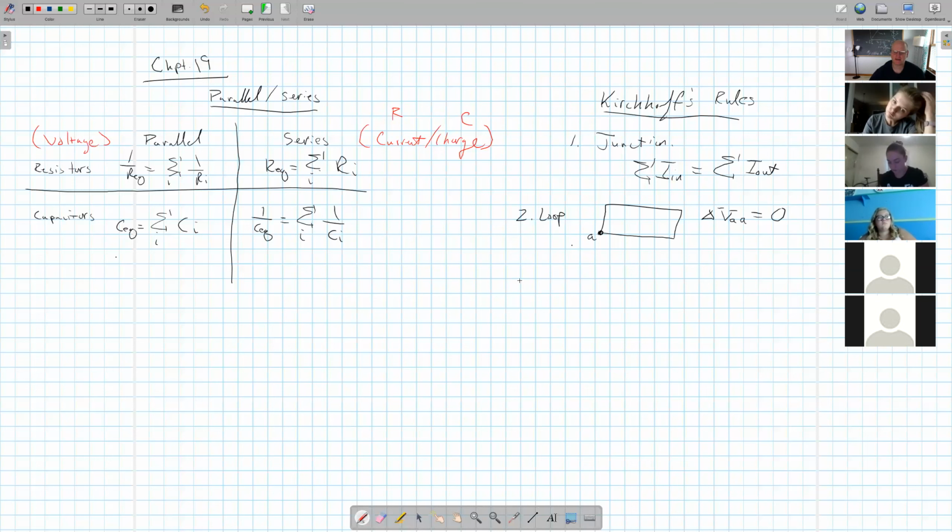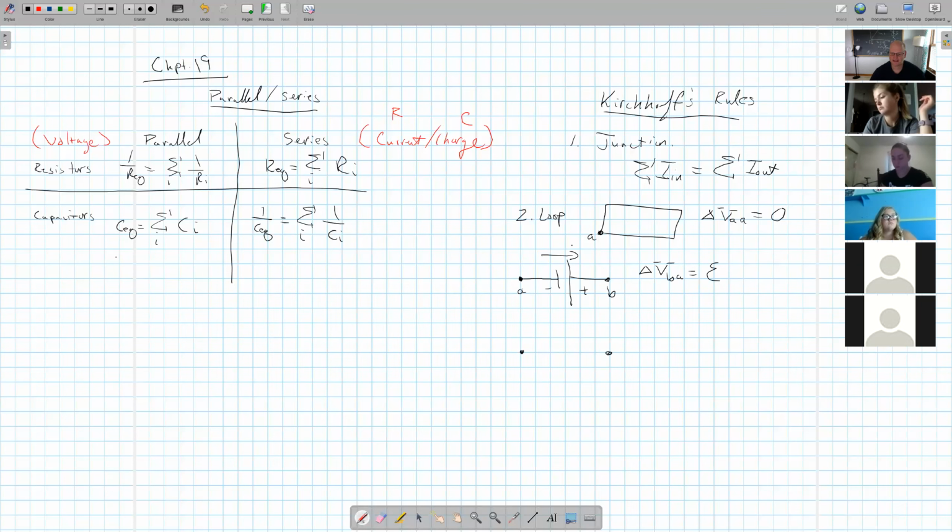All of this is accompanied with some sign conventions. Let's talk about our sign conventions. So here, if I go across the battery in this direction, from A to B, my change in potential going from A to B is simply positive the battery voltage. Negative otherwise.